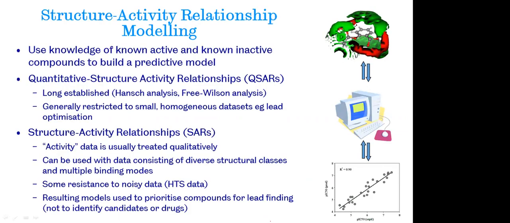Structure-activity relationship: if we have a known structure and its properties are known, then the knowledge of the known can be applied to predict the unknown. That is nothing but structure-activity relationship. In that we have QSAR, quantitative structure-activity relationships.